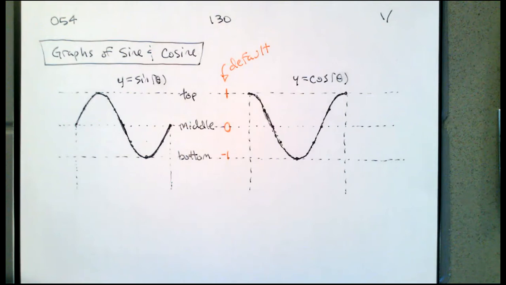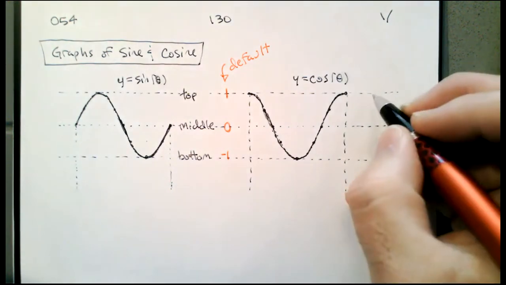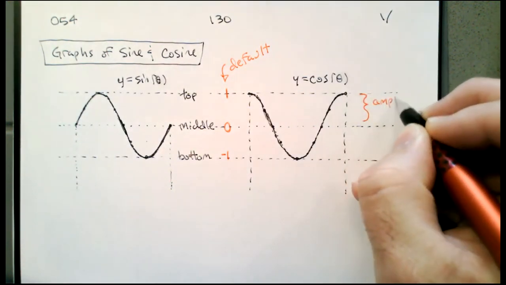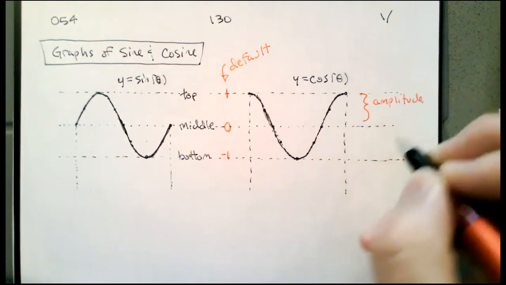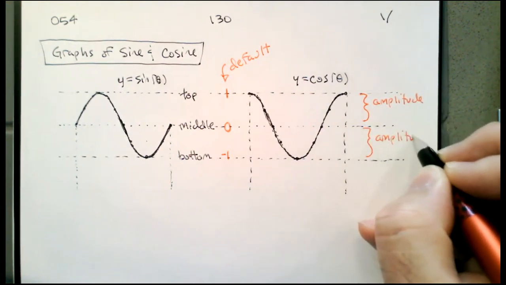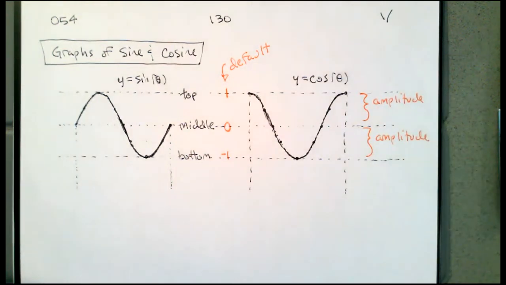We're going to refer to the distance from the middle to the top or from the middle to the bottom as the amplitude. So our default amplitude is equal to 1.